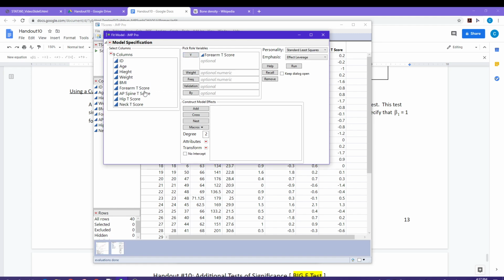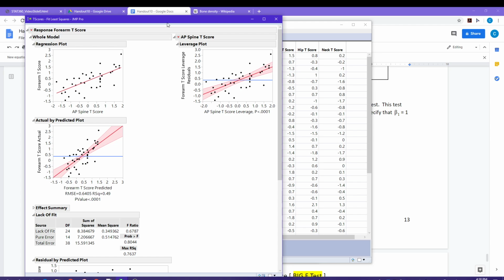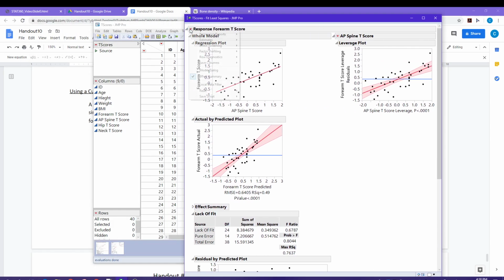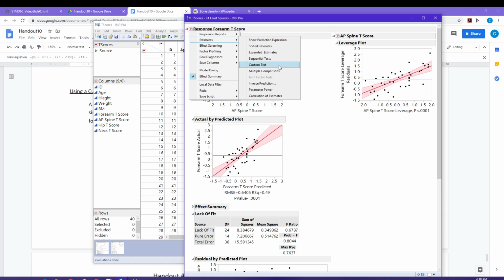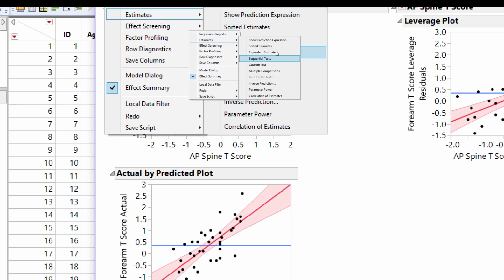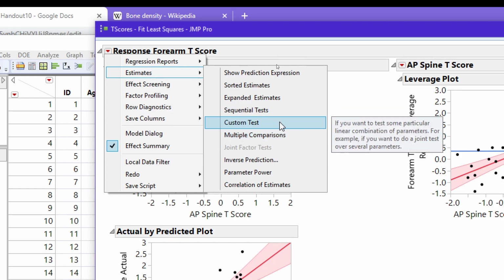So forearm, spine, select Run. Estimates, Custom Test.